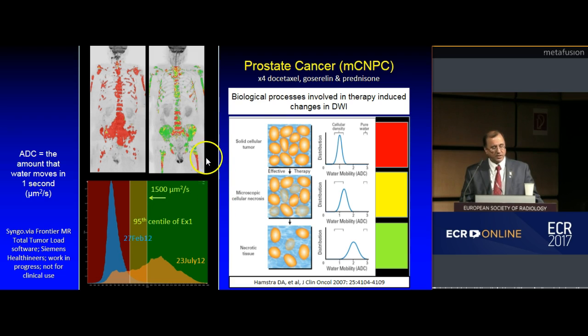So here, for example, is a red, and you can see that after 4 cycles of docetaxel, you can see large amounts of dead areas and areas that are still viable in a number of locations. And you can use the ADC to tell you that, right? Because the cutoff of 1500 in this particular instance is pretty good for saying this is cell kill.